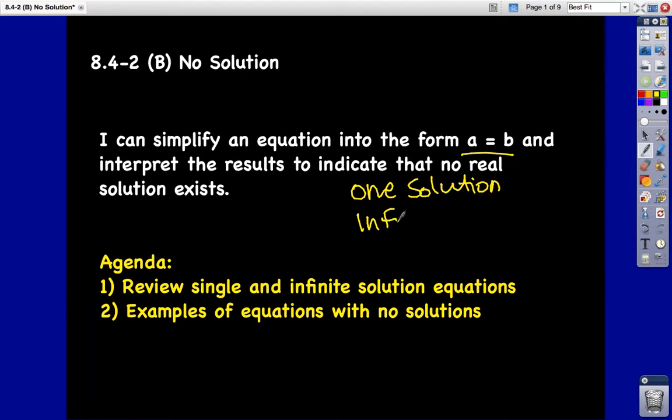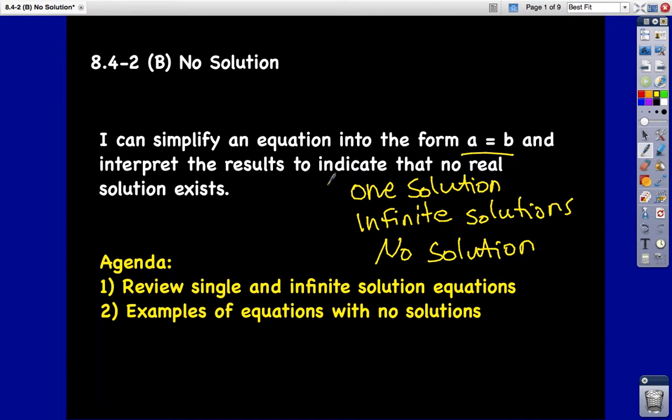We've talked about infinite solutions for equations, and now we're going to discuss the no solution equations where nothing exists, no real number exists for x that could make it a true equation. So we've covered this and this, and we're going to knock off the no solution here. We're going to review some definitions, and we're going to jump right into some examples.